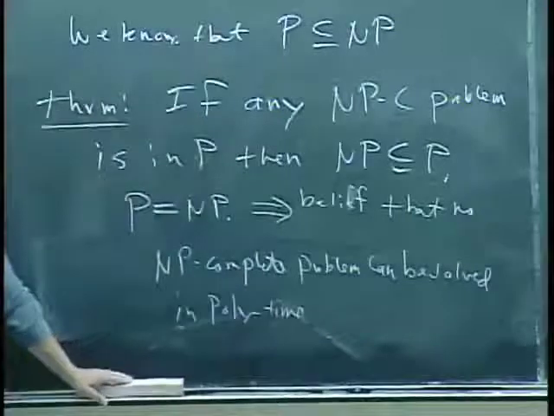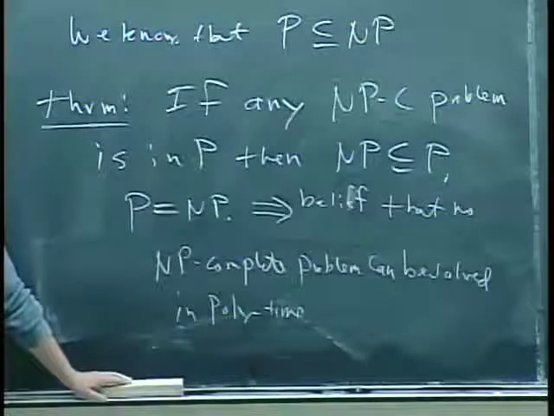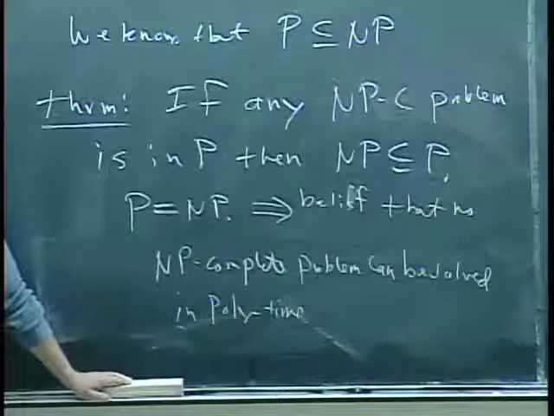Okay? So most of this class has been about showing you algorithms that are efficient, problems that have efficient solutions. And what we avoided were all those problems that we don't have an efficient solution for.